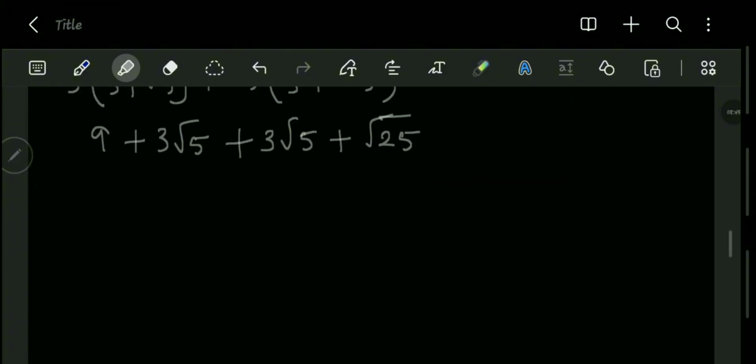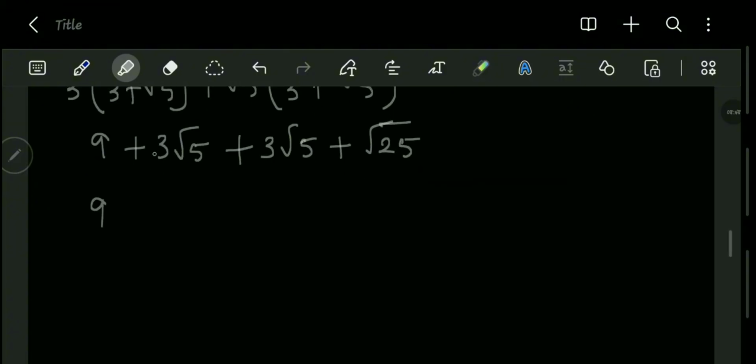Are you seeing that? So if I work on this, it is going to give me 9. This is a like surd, right? 5 and 5. So I'm free to add the coefficients, that is 3 plus 3 gives me 6 surd 5, right? Then plus, this is a perfect square and it's just giving me 5.